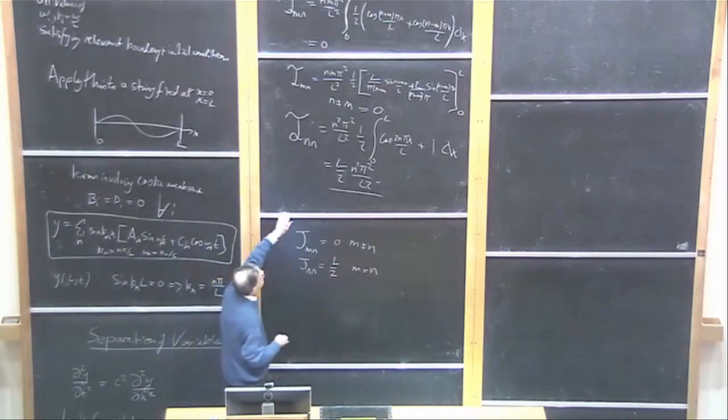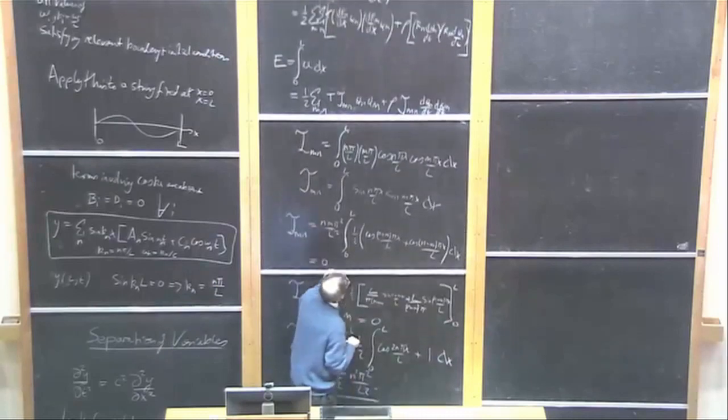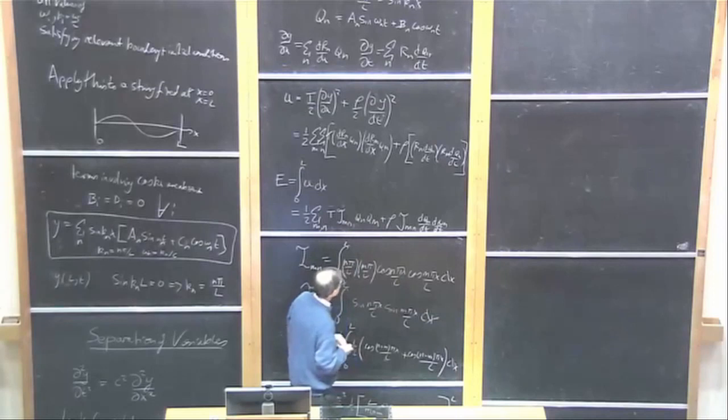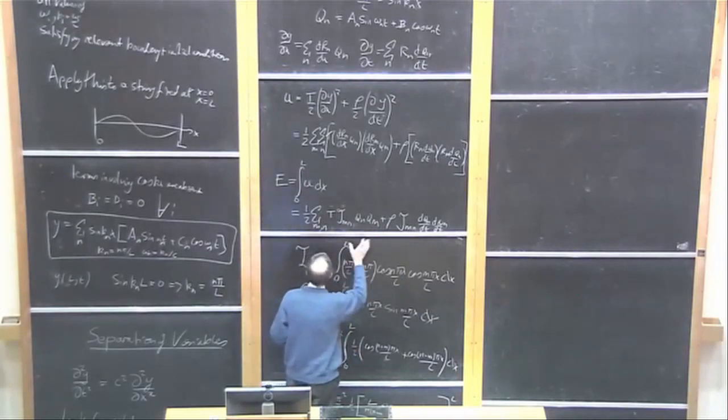So again, the cross terms between the different modes cancel, and we're just left with a single summation.